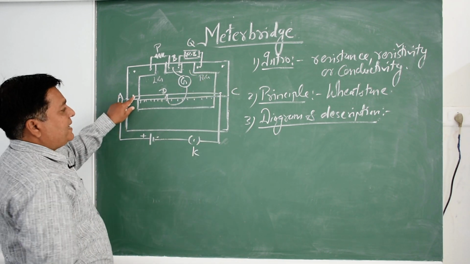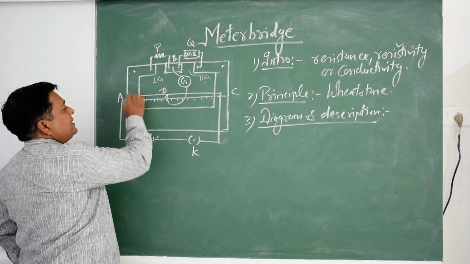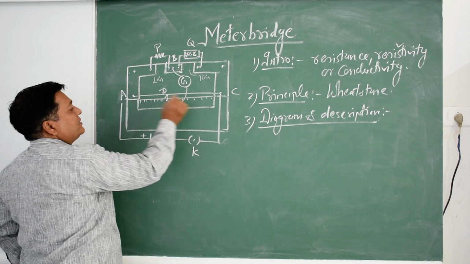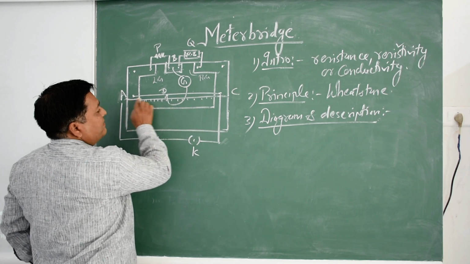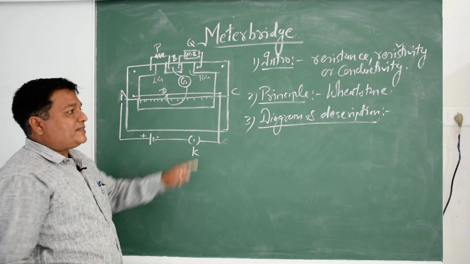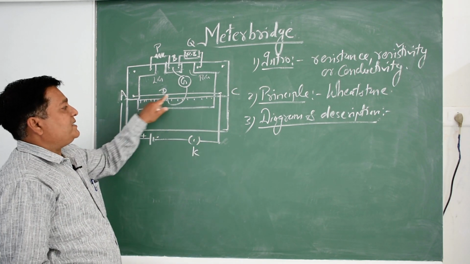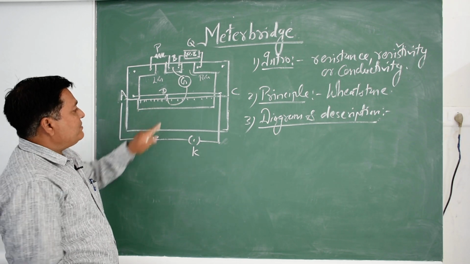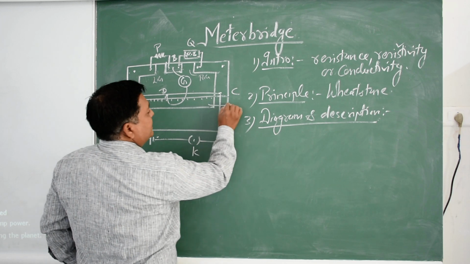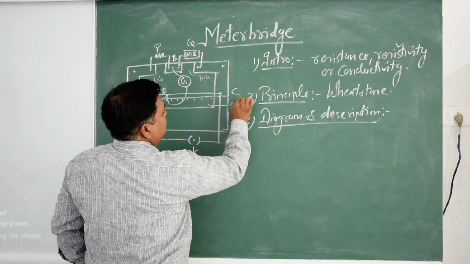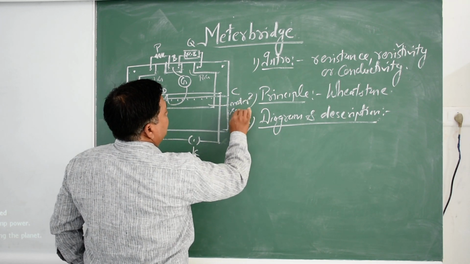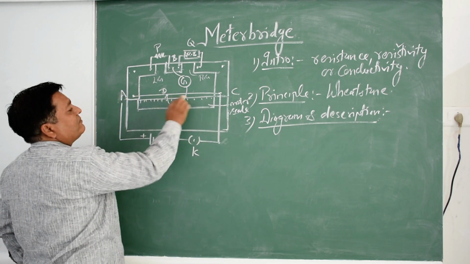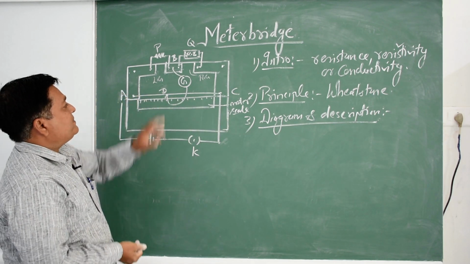At both terminals of the brass strips, we consider terminal A and terminal C. A 1 meter long wire made up of constantan or manganin is attached, and parallel to this wire a 1 meter scale is attached to see the reading over the wire.